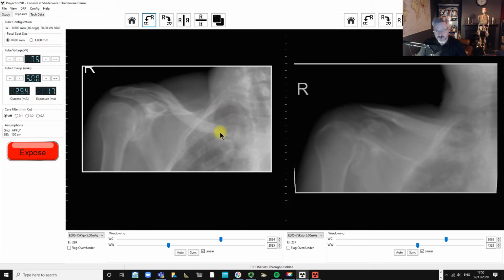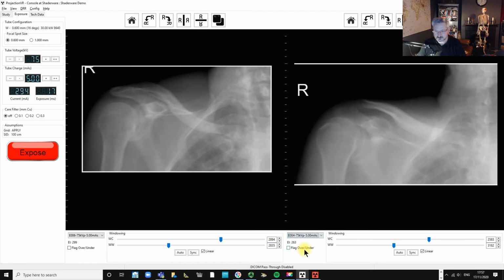We've already got a much nicer image because we've got no what's called geometric unsharpness, which is where if the object that we're looking at is further away from the receptor, then it gets blurred. The boundaries may get blurred by the time they're projected onto the screen.